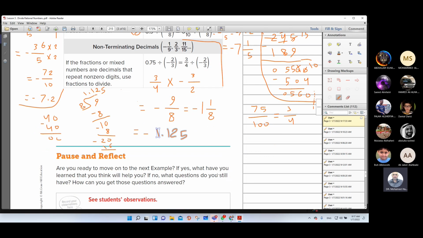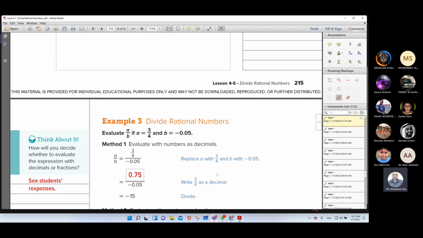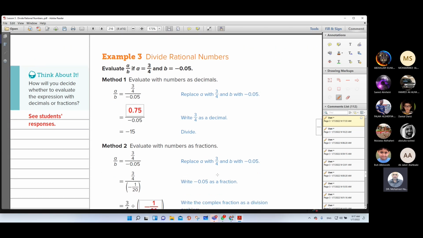Negative. And if you want to evaluate, to find the value of the expression, in this example we have the expression A over B as a fraction. The value of A is 3 over 4, the value of B is negative 0.05. So substitute: put the value of A, 3 over 4, up, and put the value of B, negative 0.05, down.